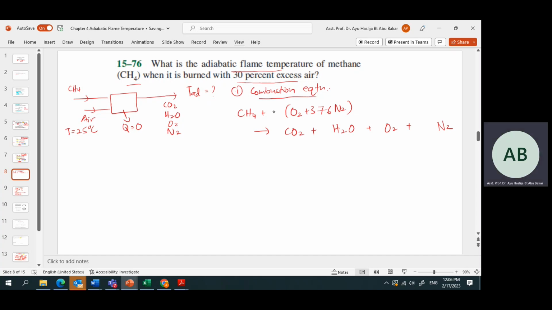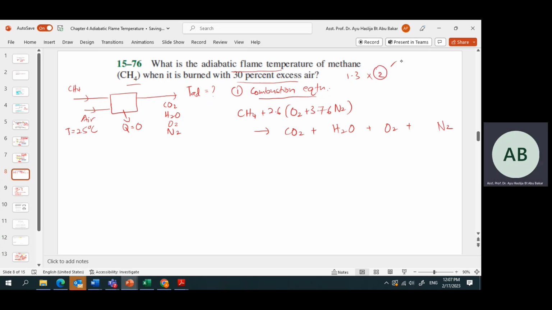A actual is 2.6. 30% excess air, so the theoretical is 1.3 multiplied by 2.